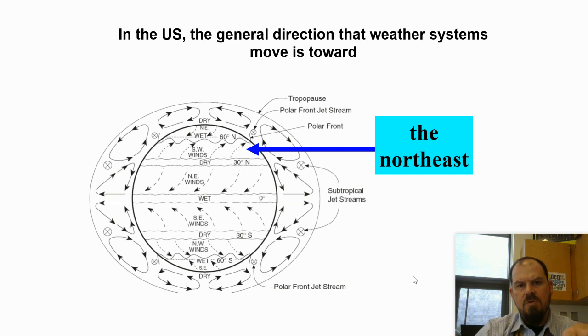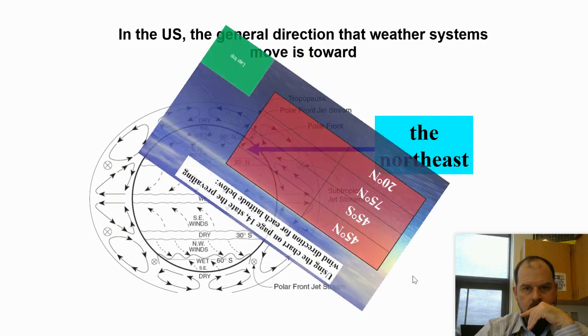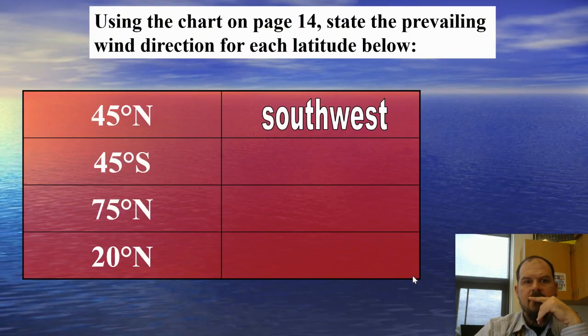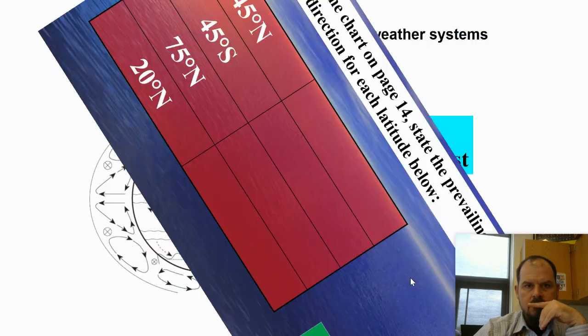And the opposite is true between 0 and 30 degrees north. It's got northeast winds, right? And this is right in your reference table, I believe. So at 45 degrees north, the wind is coming from the southwest.